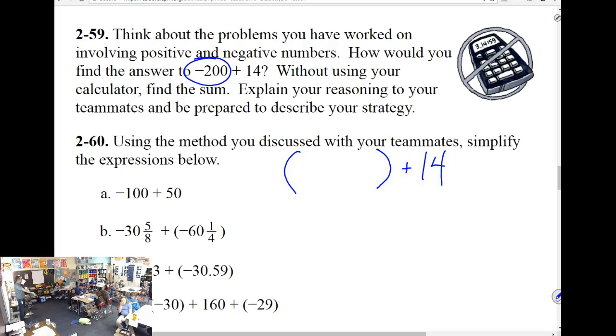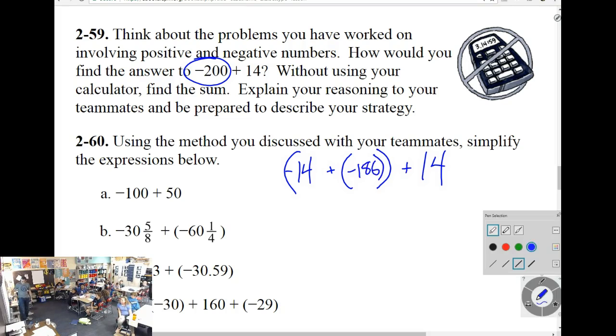What would the strength of a fireball need to be to just wipe out Mario? 14, right? So Bowser just shoots a negative 14 over to him. But then, how much is Bowser still left with? Negative 186. So when we make those additive inverses, Mario, boop, gone. And Bowser is left with negative 186.